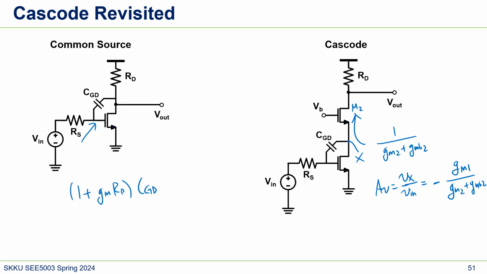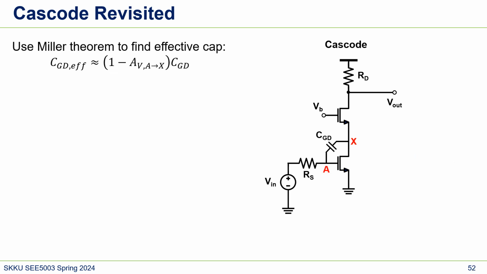Okay, so this is, let's say, just minus 1. So the effective CGD will be roughly double CGD. So it's better compared to this, right? Because that increased a lot, but here it's just double. So as discussed before, CGD effective is like double CGD.